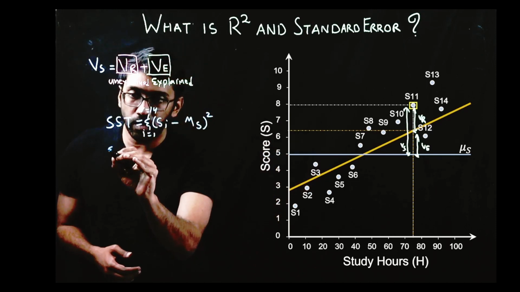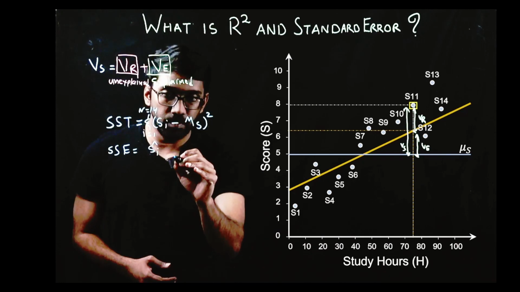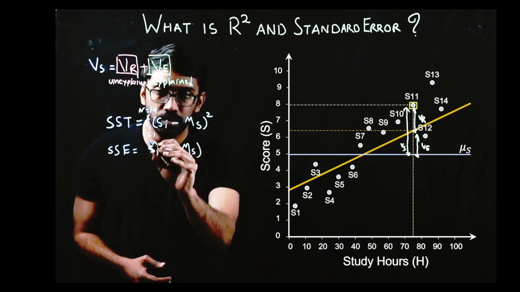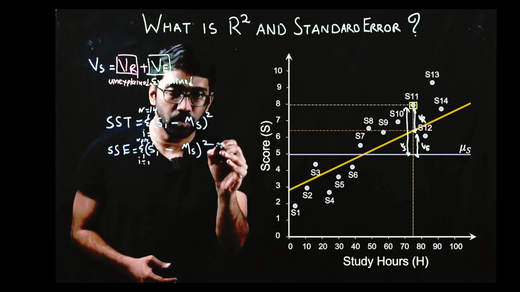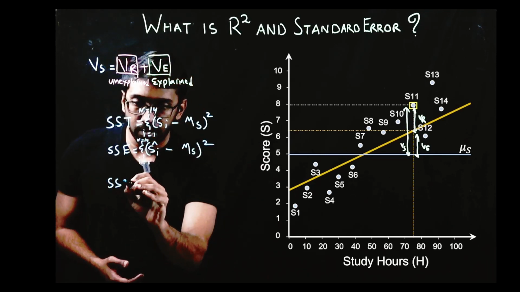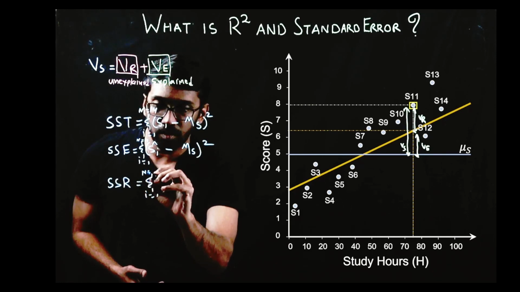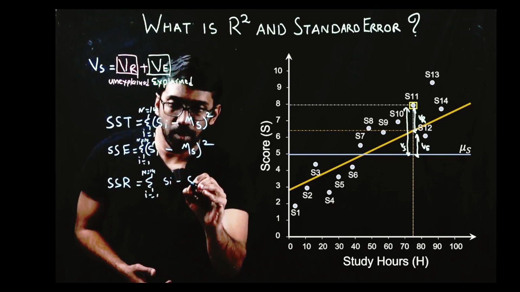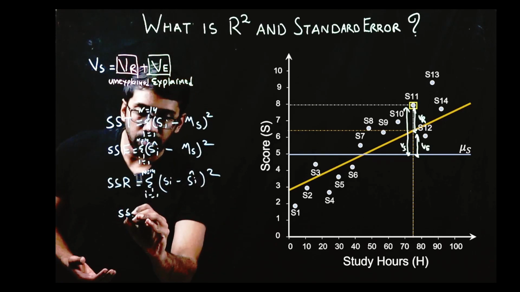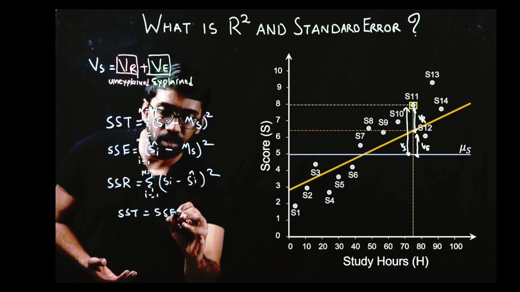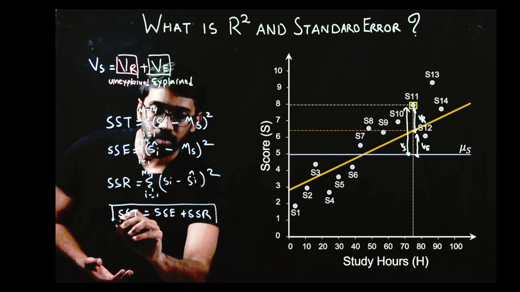Let us also calculate the explained variation, SSE, which is the sum of (Si hat, which is the estimated value, minus mu S) squared for all the students. And let's also calculate the unexplained variation, SSR, equal to sigma for i equal to 1 to n equal to 14 of (Si minus Si hat) squared. So we can also write that SST equals SSE plus SSR for the best fit line.